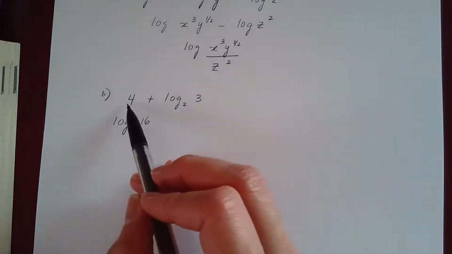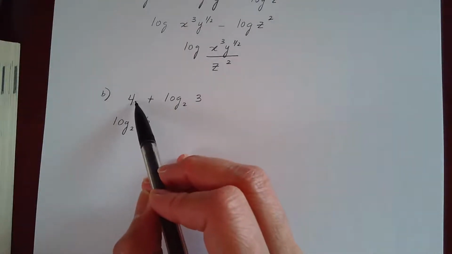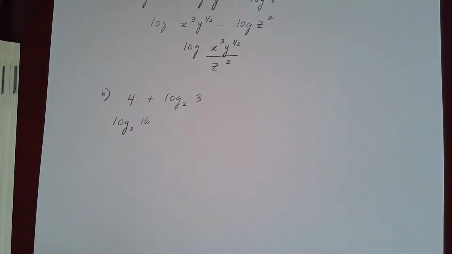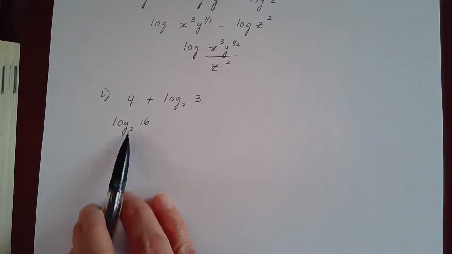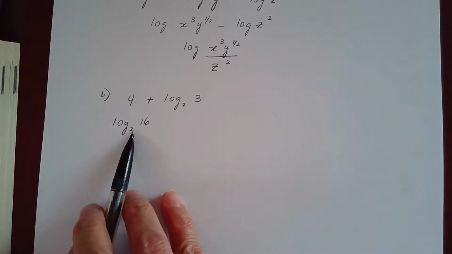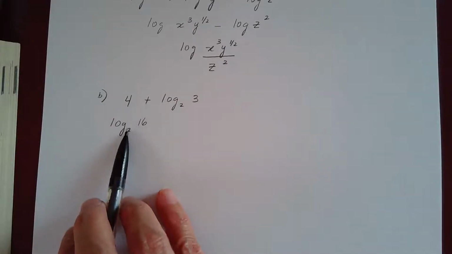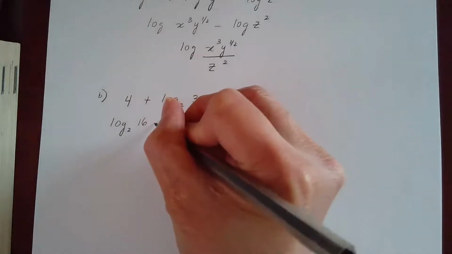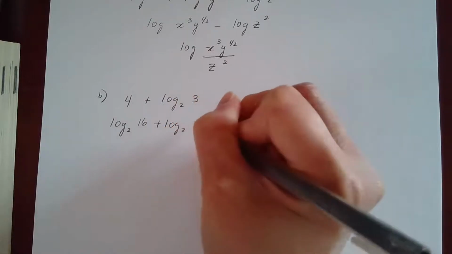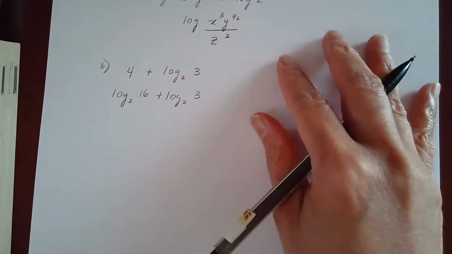Okay, so this one here, we can rewrite that as a logarithm with base 2, because the what exponent, 4, will give me 16, plus log 2 of 3.